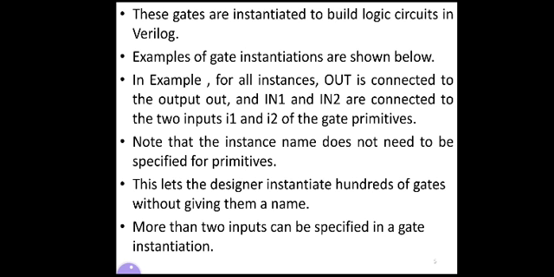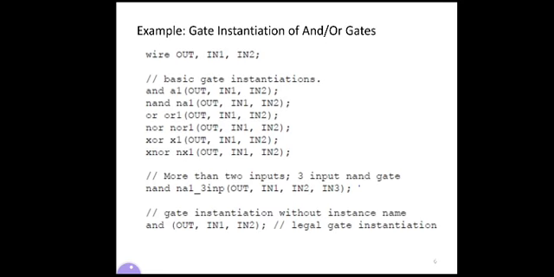This lets the designer instantiate hundreds of gates without giving them names. Without an instance name also, the designer can instantiate n number of gates. More than two inputs can be specified in a gate instantiation. For example, gate instantiation of AND, OR gates.